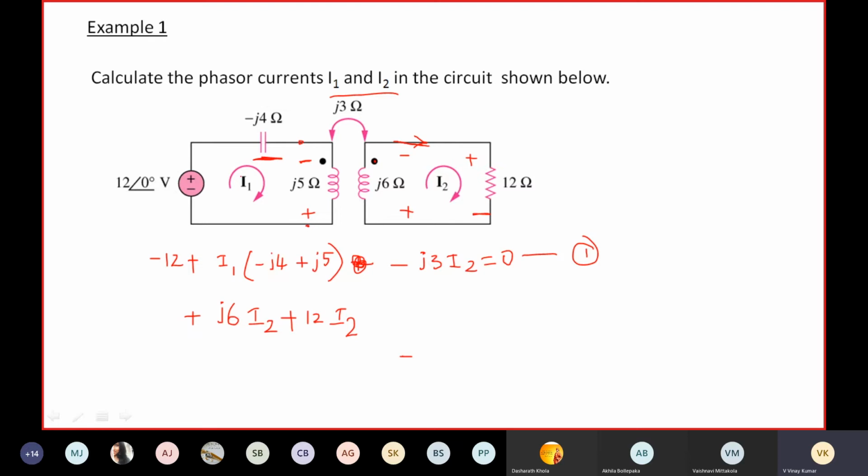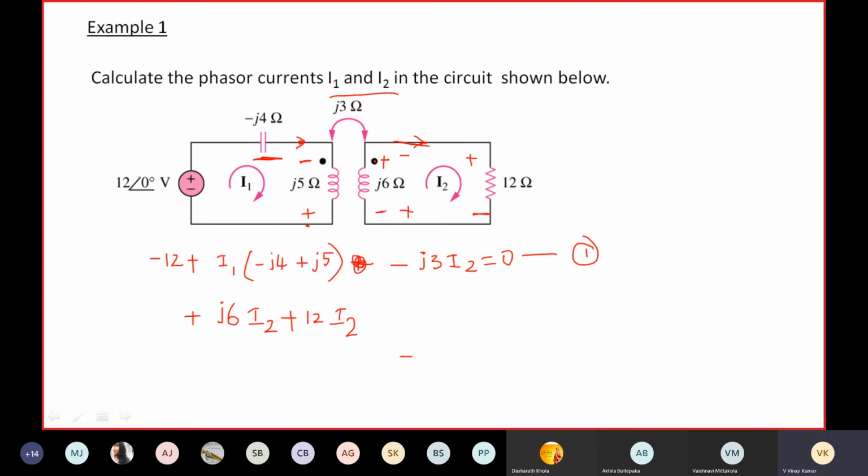Here, current is entering the dotted terminal of coil 1. If current is entering the dotted terminal of coil 1, the mutual induced EMF in coil 2 will be positive at the dotted terminal.